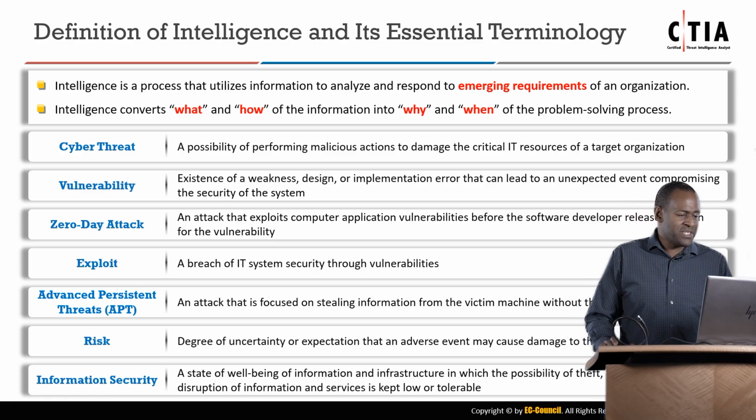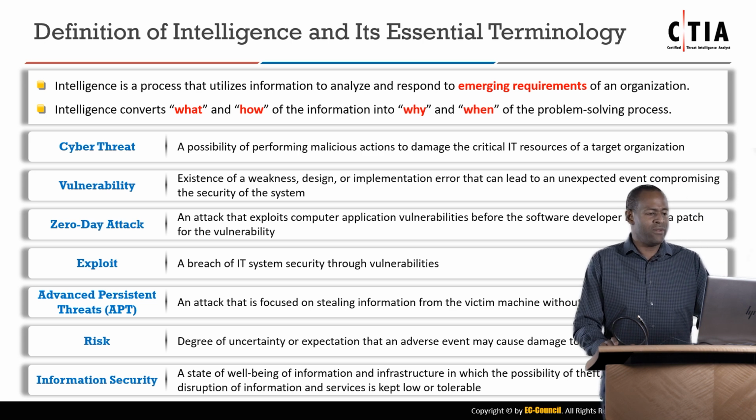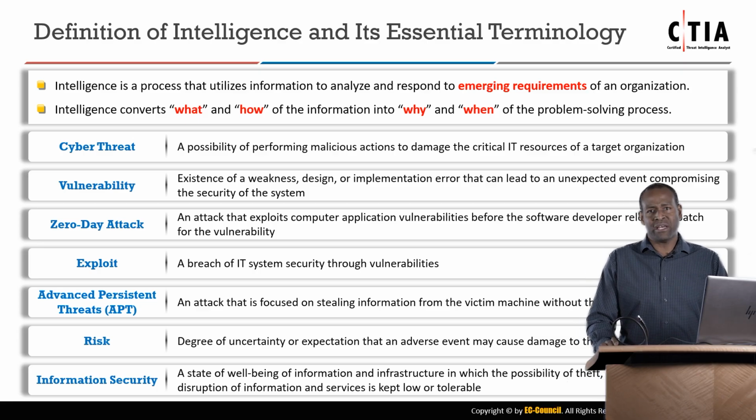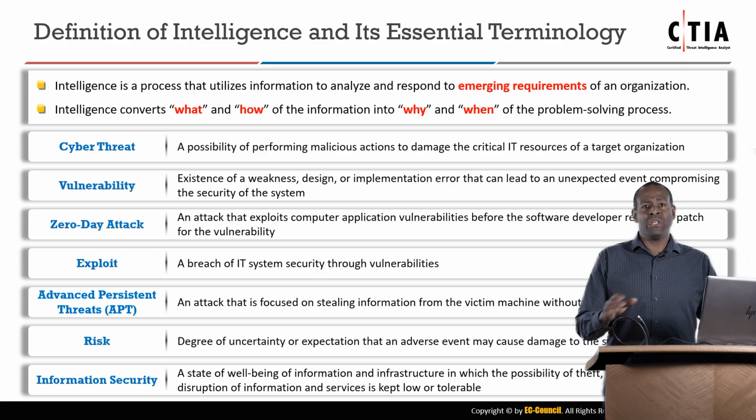Next bullet point, intelligence converts what and how of the information into why and when of the problem-solving process. So we have what, we have how. In other words, we know that a specific point of data or intelligence has been gathered, but now we want to get to the reasoning behind it, when it happened, and eventually make it into something actionable for our organization.